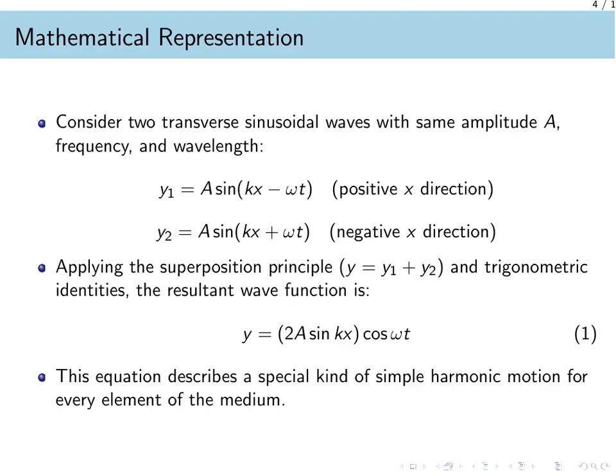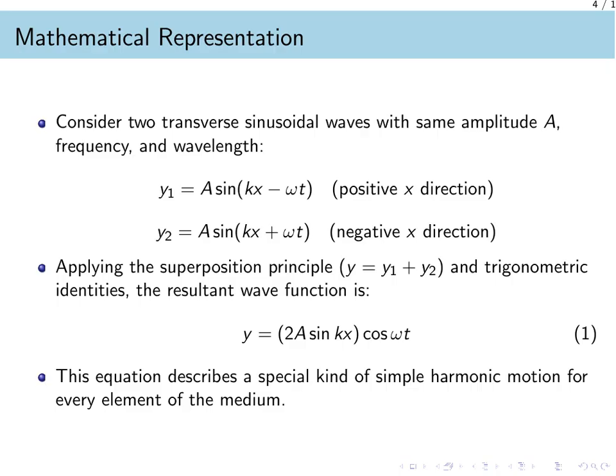in one place. To represent this mathematically, we consider two transverse sinusoidal waves with the same amplitude, frequency, and wavelength. The first wave, y1, equals amplitude times the sine of kx minus omega t, traveling in the positive x direction. The second wave, y2, equals amplitude times the sine of kx plus omega t, traveling in the negative x direction.